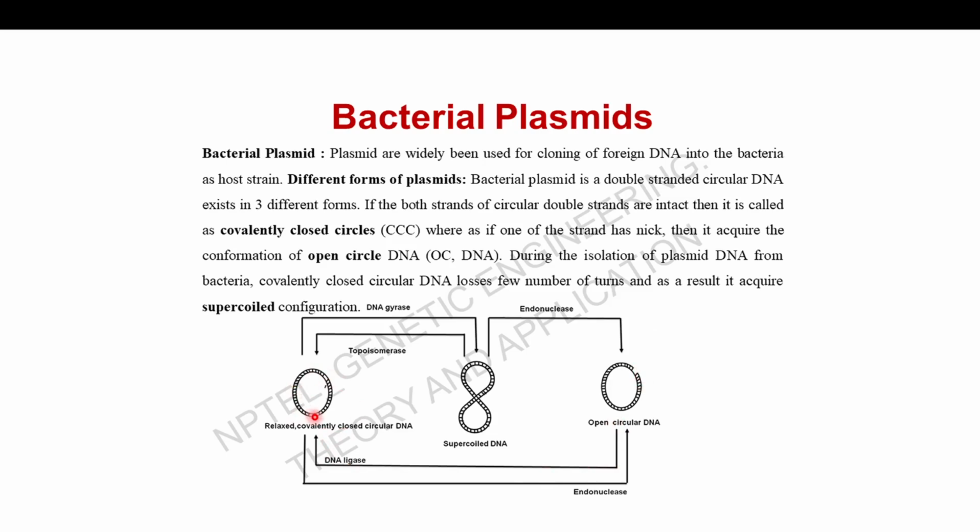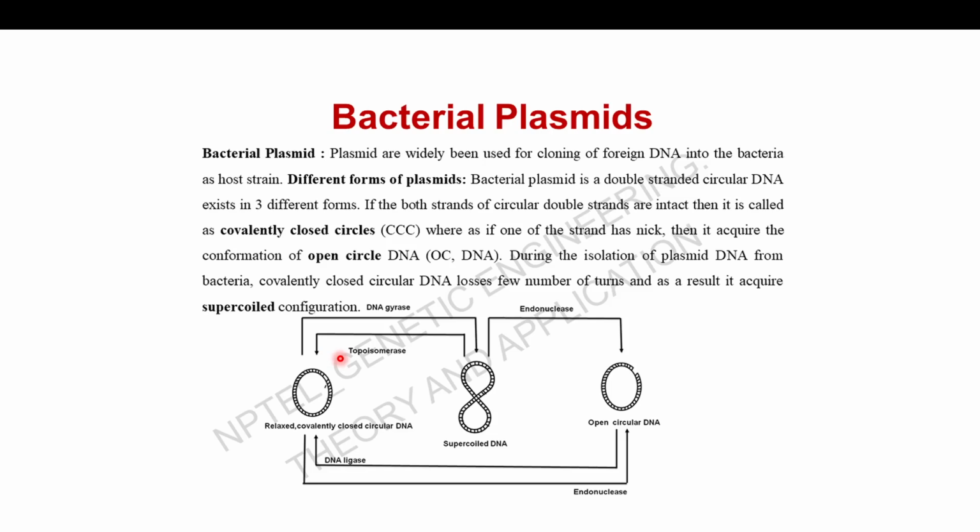Now, if we want to introduce these turns into the circular plasmid DNA, there is an enzyme called DNA gyrase that can introduce these loops. But suppose we have topoisomerase. I think during DNA replication we talked about topoisomerase.